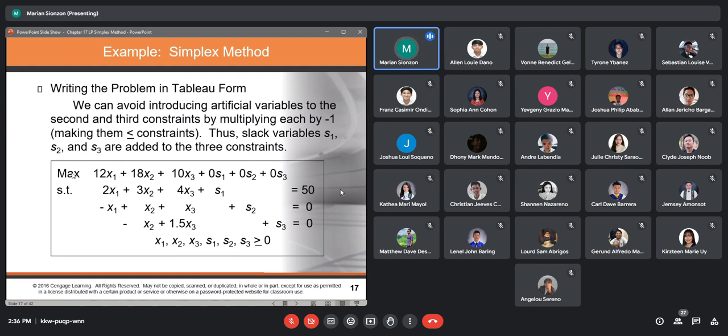Maximize. What is our initial assumption? What happens if I do nothing? If I will not do anything, where will all the capacity go?